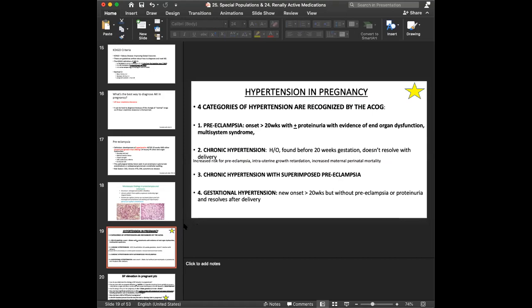So if you see on the test a pregnant patient, let's say you've got a 24-week gestation woman that presents with proteinuria and a blood pressure of 150 over 95.